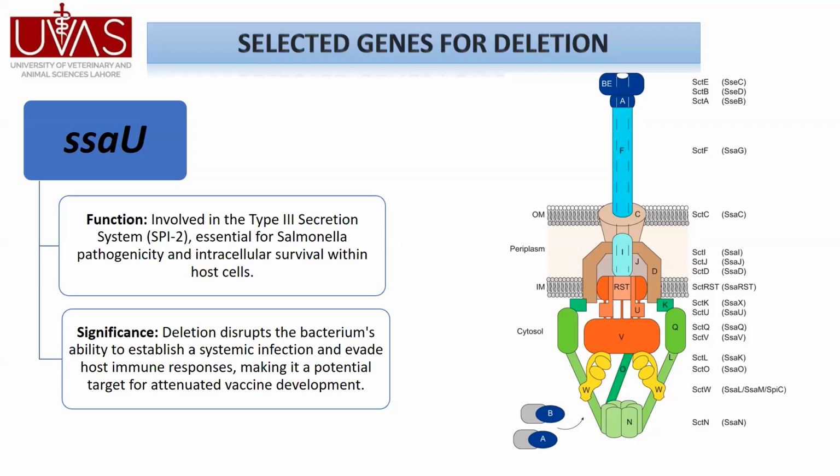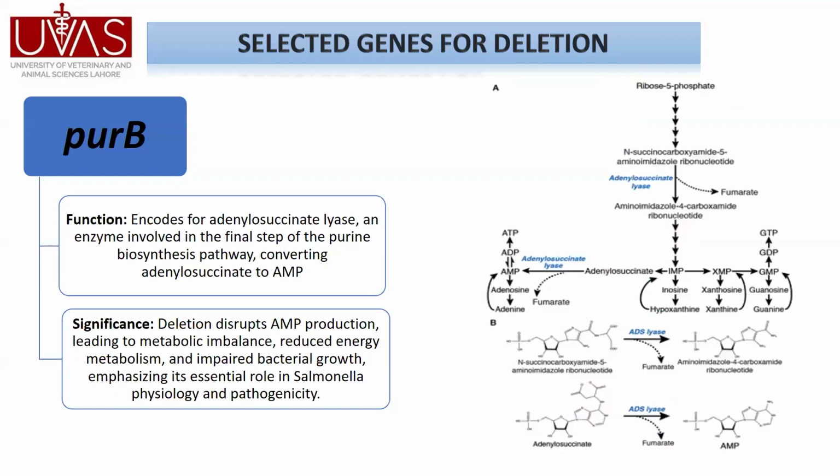So this was the first target, but we learned after doing that it does reduce its pathogenicity, but it does not completely reduce it. Then we thought more deeply about it, and we decided to delete the PURB gene. This purine synthesis process in bacteria is a de novo process. It synthesizes its own AMPs, GMPs, CMPs.